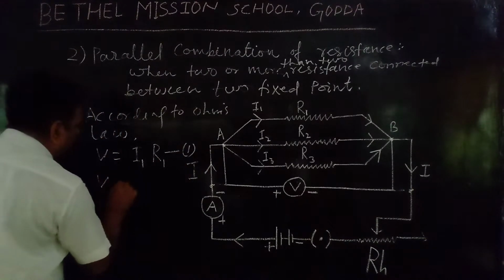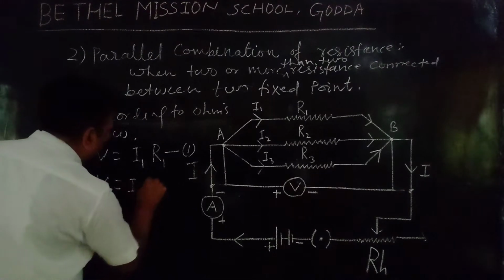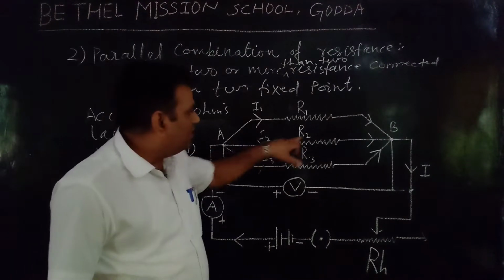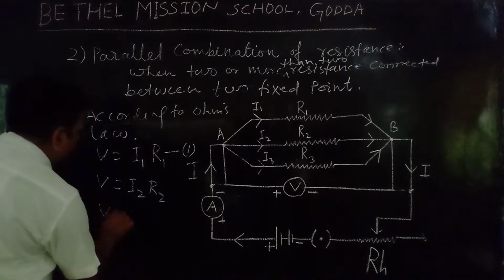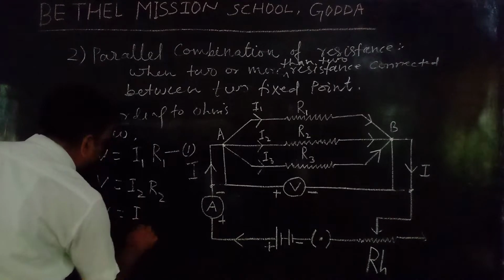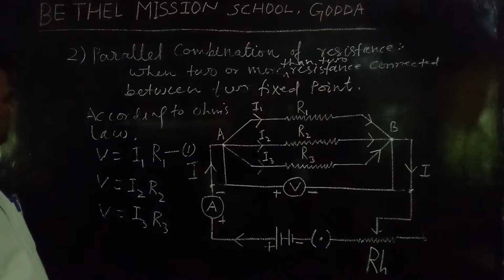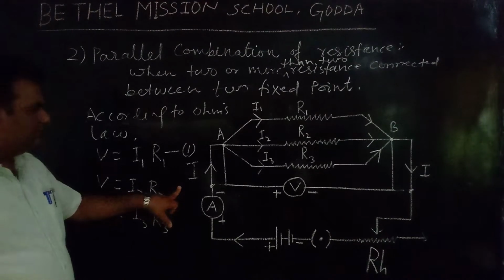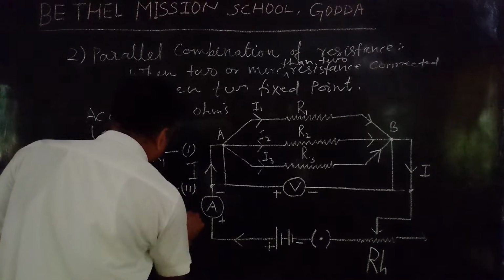Now again, potential difference V equal to I2 R2, where I2 is the current for the resistance R2, and V equal to I3 R3, because the potential difference for all the resistances is equal. These are equations 2 and 3.